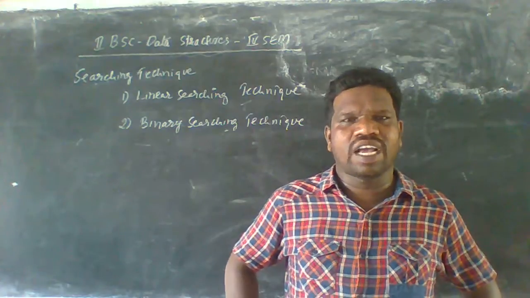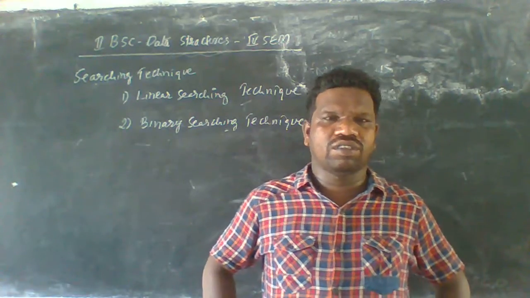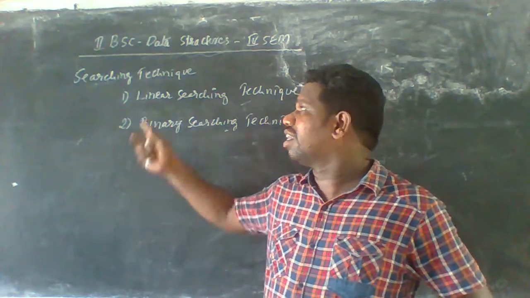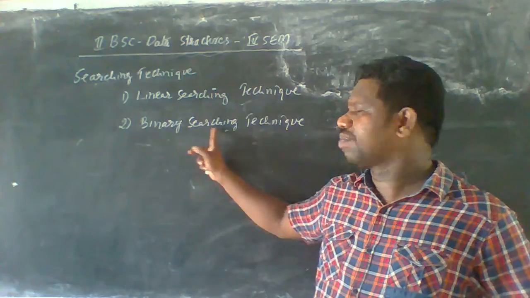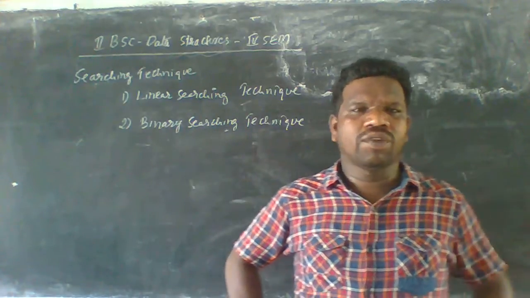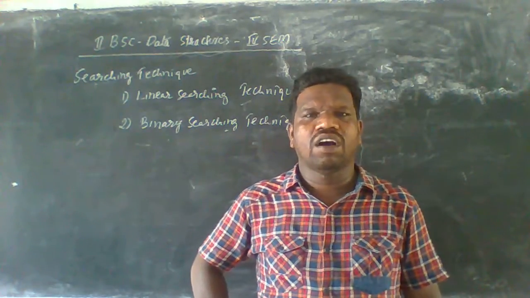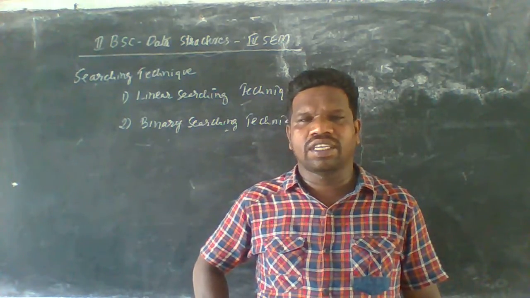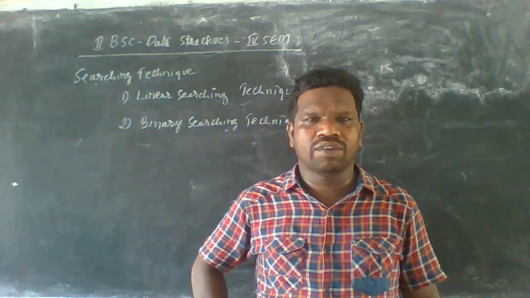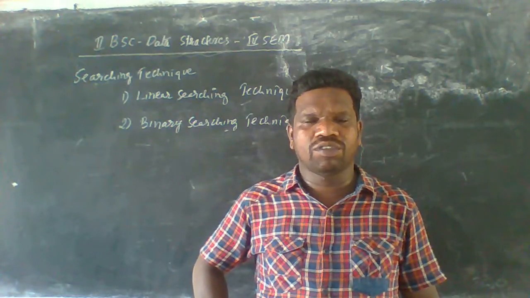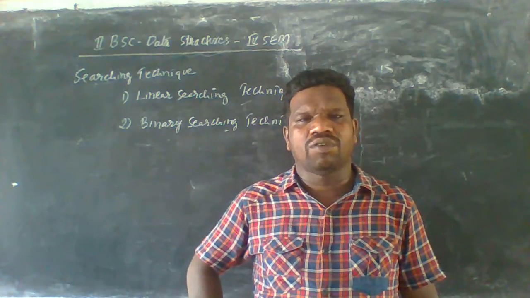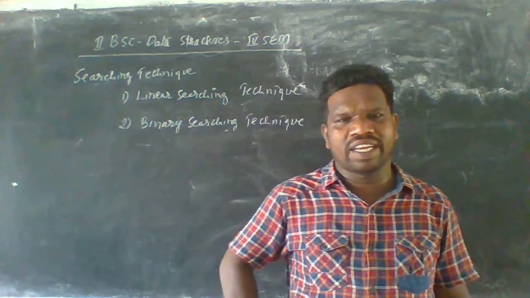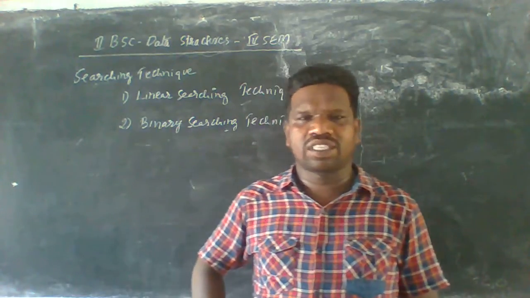Searching techniques can be categorized into two parts. The first one is the linear searching technique, and the second one is the binary searching technique. Both perform searching following some rules, and both can be used to find the given element in one dimensional or two dimensional arrays.